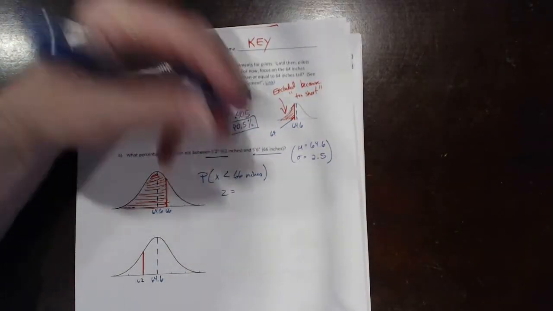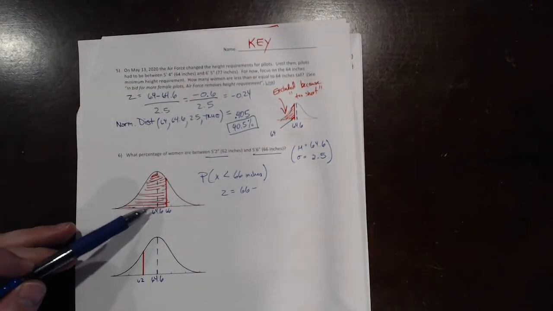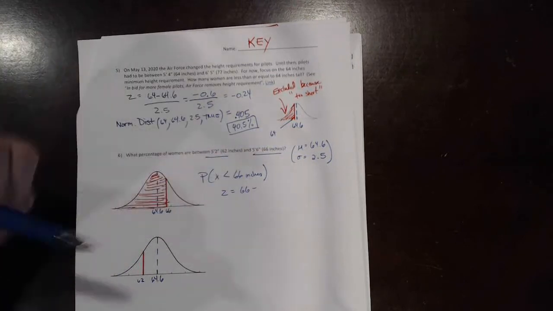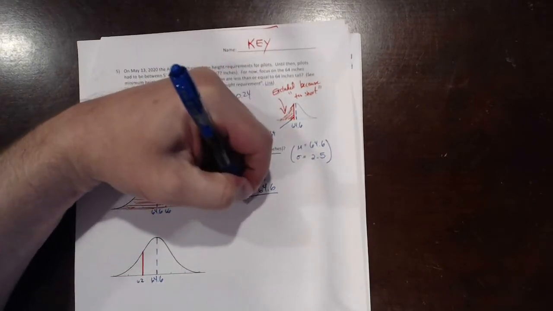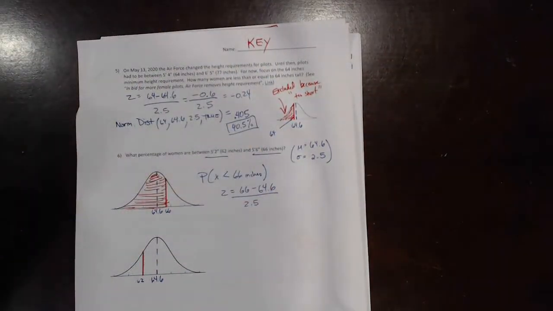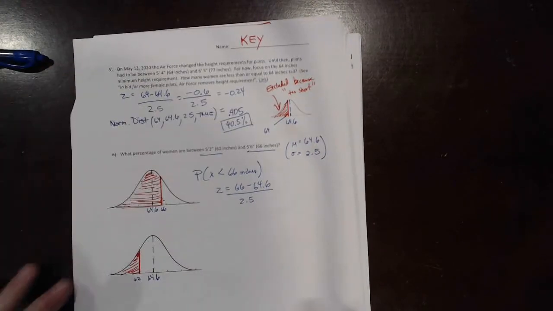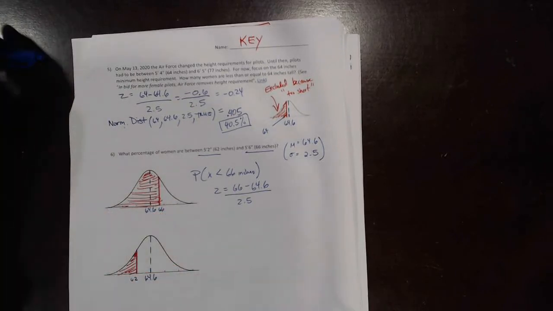This is going to be just under a standard deviation: 66 minus 64.6 divided by 2.5. Then I'm going to plug these into this formula for each of these.